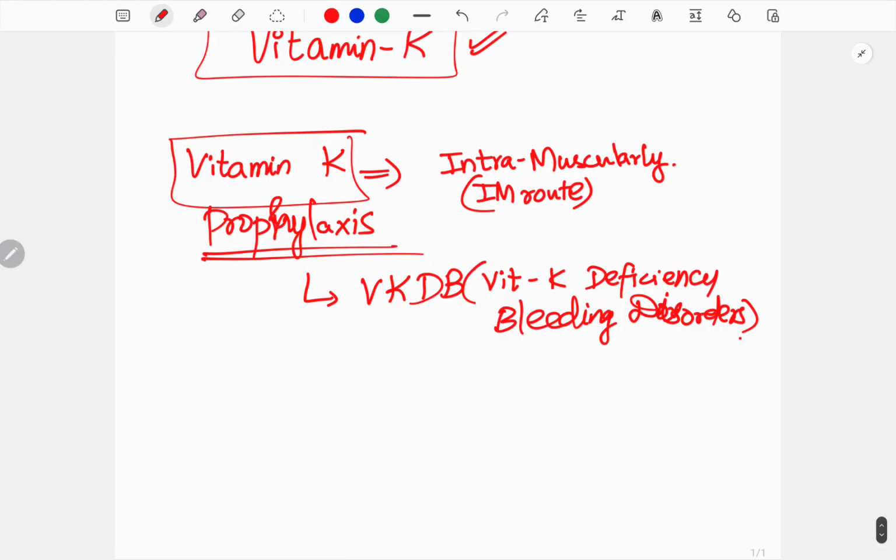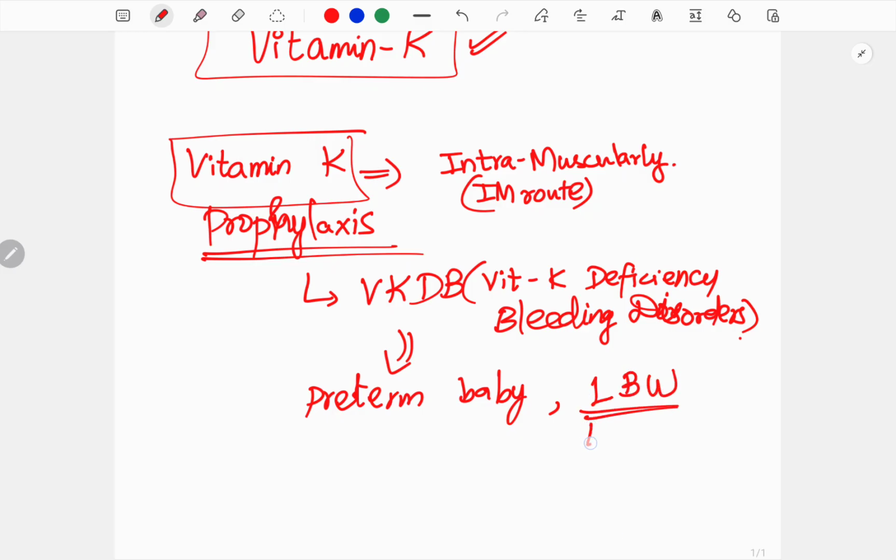So this is especially given for preterm babies as well as low birth weight babies. Preterm means less than 28 weeks.